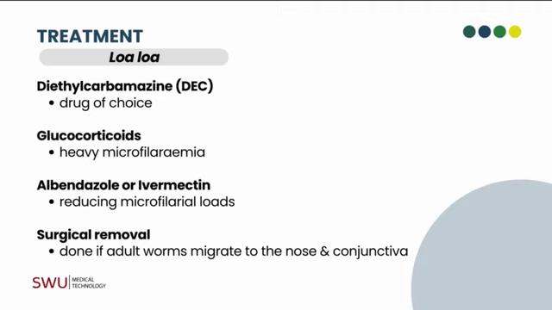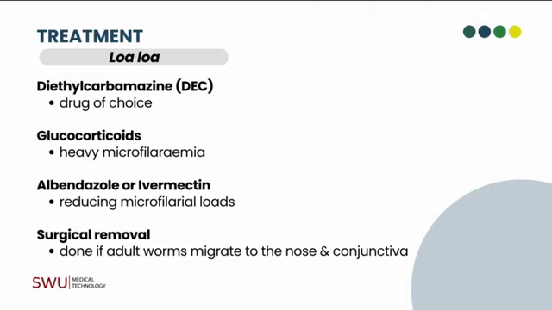Glucocorticoids are given to the host that is experiencing heavy microfilaremia, in order to reduce the allergic or other inflammatory reactions against the microfilariae. For albendazole or ivermectin, this is given to reduce microfilarial loads, although ivermectin is contraindicated in heavily infected patients.